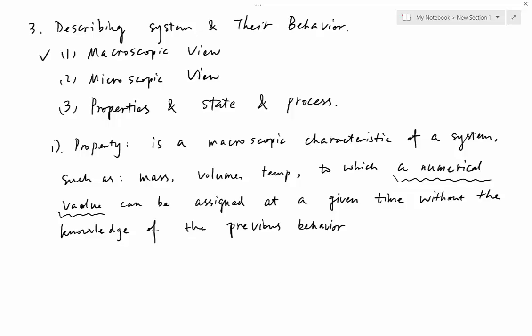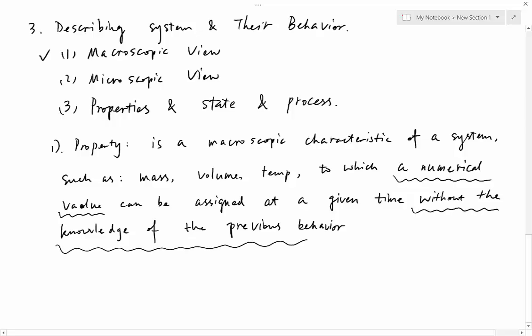Okay, the second key in this definition is without the knowledge of the previous behavior. So for example, if you want to measure the mass of the engine, do you have to know what happened to this engine before the moment you put it on a scale? No, you don't.